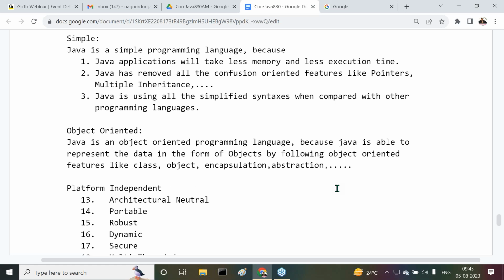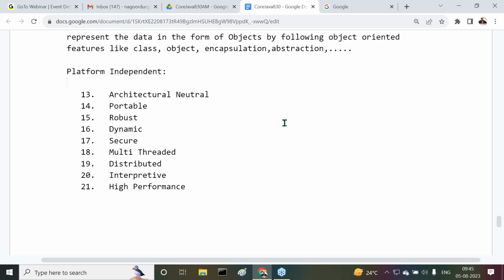Now tell me, what is the meaning of this one? Platform independent. What are you understanding about platform independent here? First of all, what is a platform dependent programming language? If any programming language allows its applications to perform compilation and execution on the same operating system, that programming language is a platform dependent programming language.